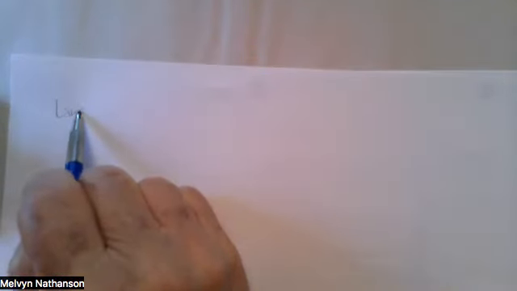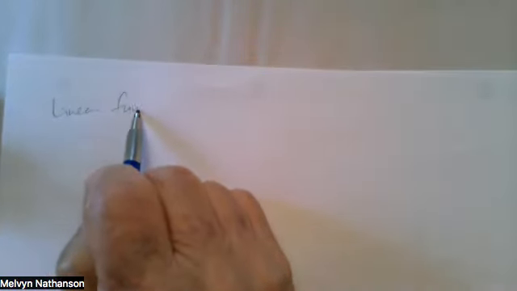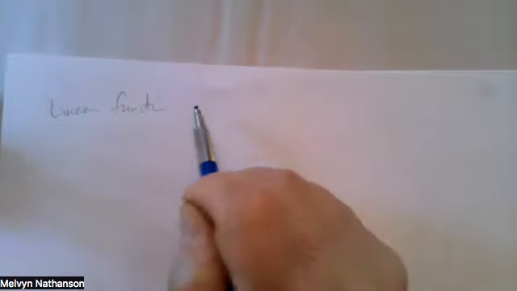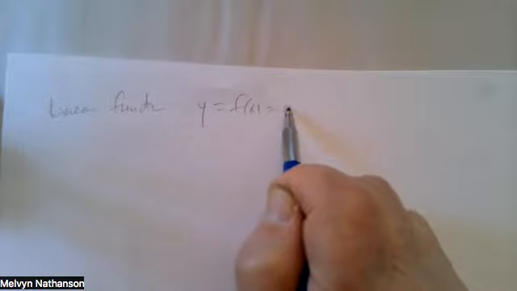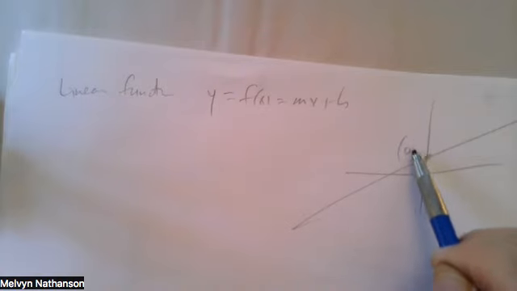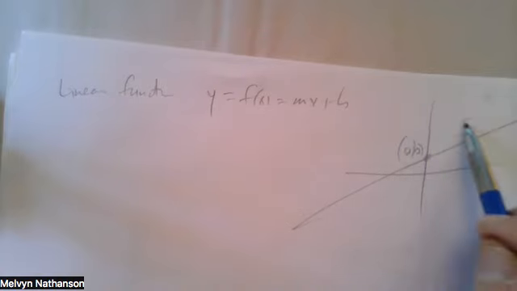So it's important to know that for simple functions, it's easy to calculate a limit. So suppose we have a linear function. So that's y is equal to what function of x? mx plus b. It's just the line with y-intercept b and slope m.